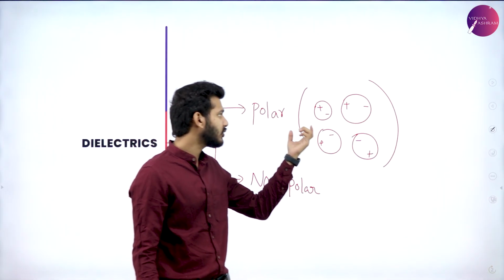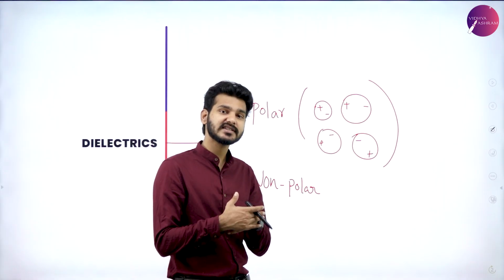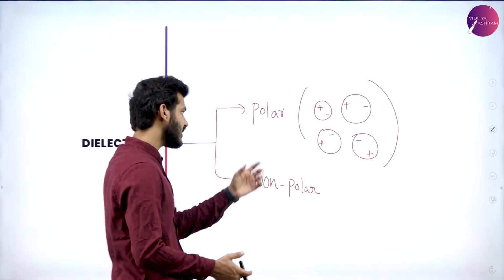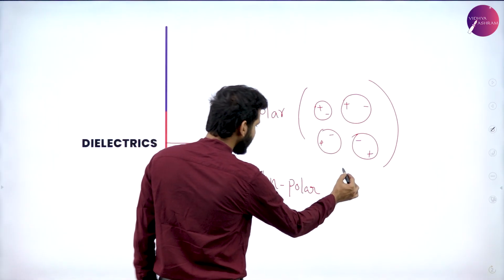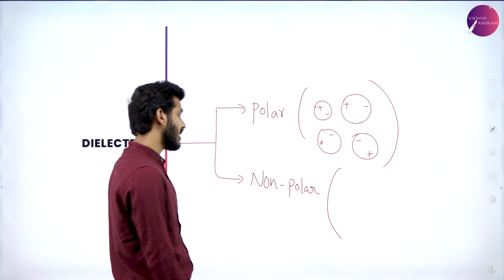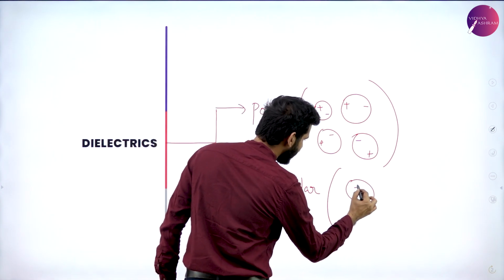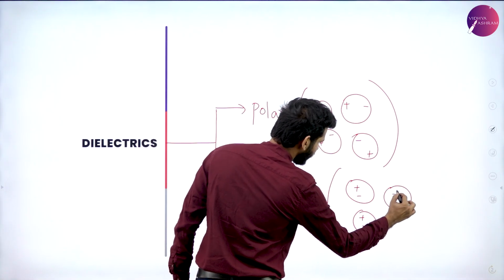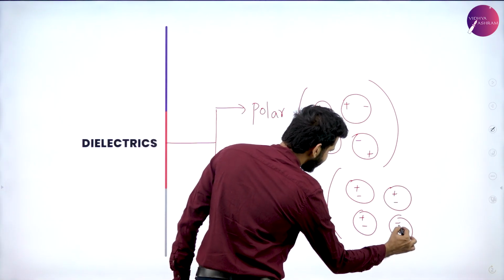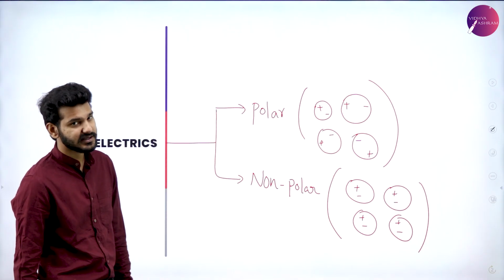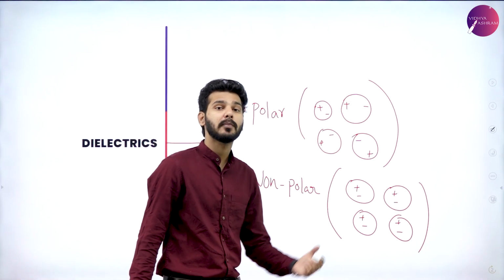They have a slight polarity inside each sector. In the case of non-polar molecules, we can assume that the charge centers coincide perfectly at the center, meaning they do not have a polarity in them.